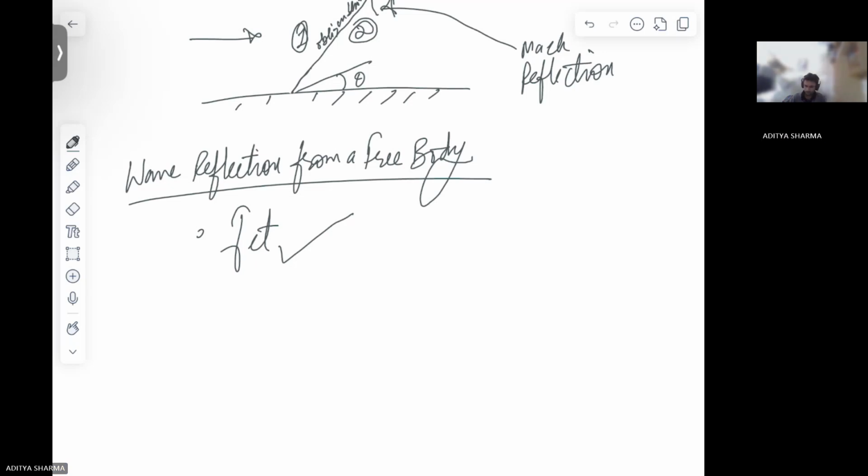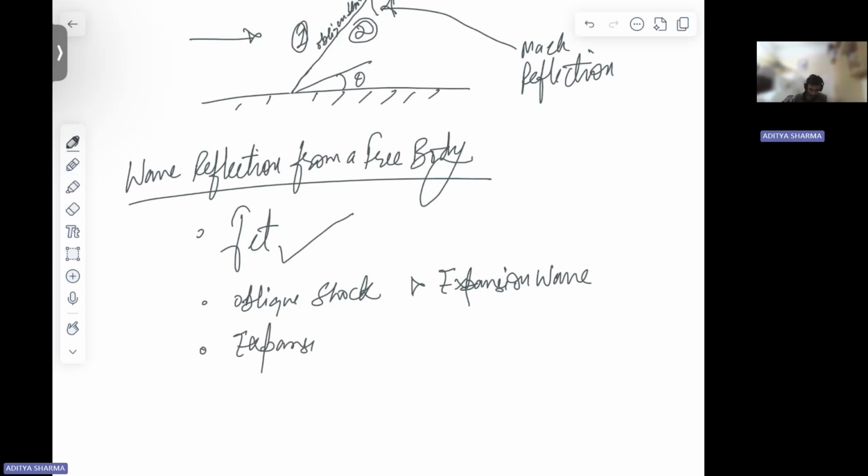Two inferences are there. One is that your oblique shock gets reflected as an expansion wave, and then your expansion wave gets reflected as an oblique shock.